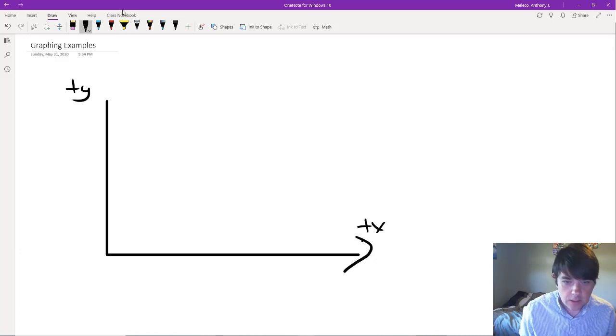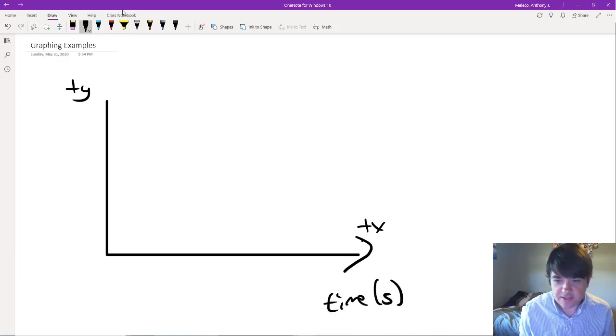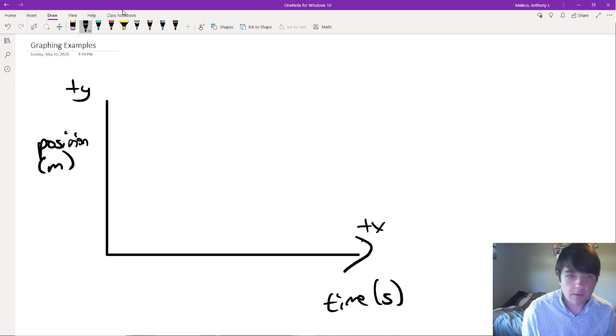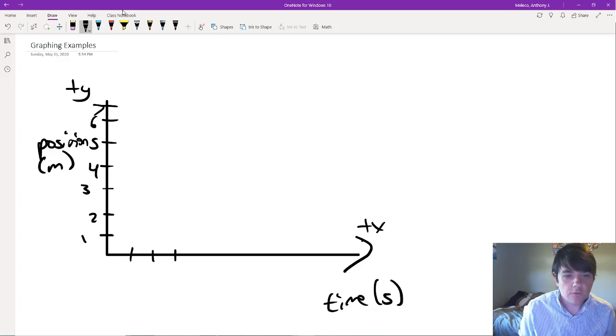On the x-axis, we're going to have time, in seconds. And on the y-axis, we're going to have position. This is going to be in meters, okay? And it'll go 1, 2, 3, 4, 5, 6, 7, and 1, 2, 3, 4, 5, 6, 7 seconds.